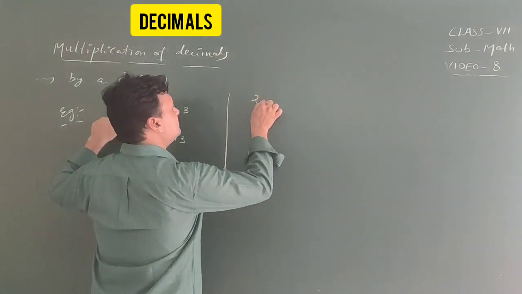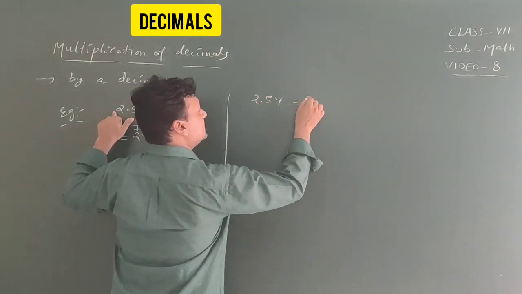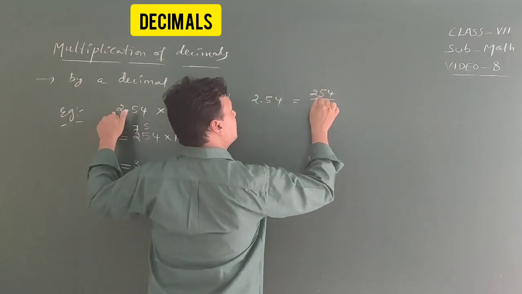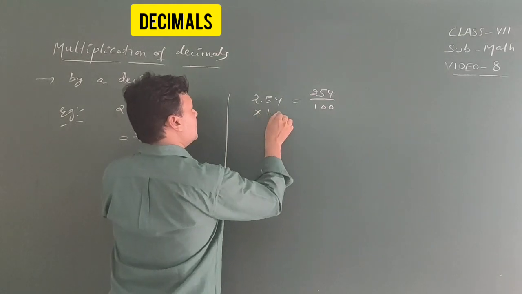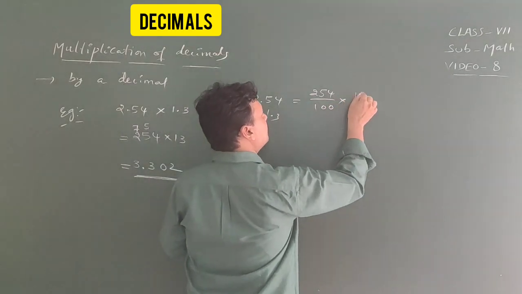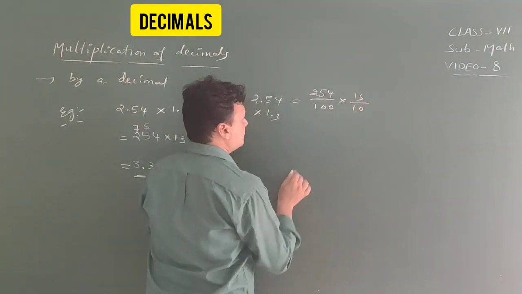The process is: 2.54 is nothing but 254 by 100, multiplied by 1.3, meaning 13 by 10.